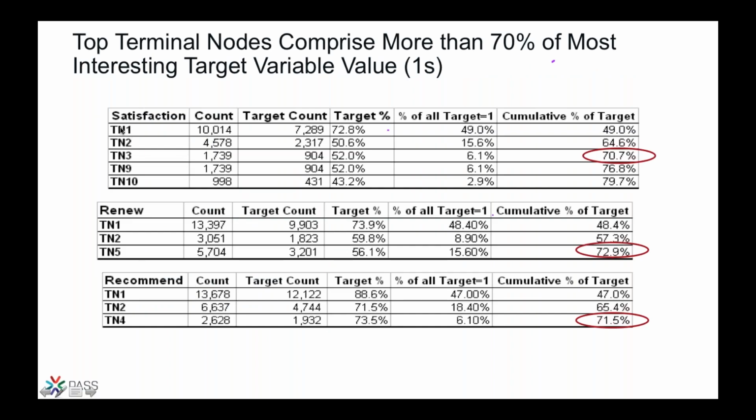TN stands for terminal node here, and this is just showing that same story I was mentioning before, that 3 rules for each of these models drove 70 to 75% of all of the satisfied members, all of the renewal members, and all the recommend to a friend members.